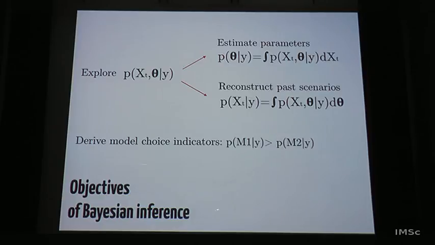The other thing you might be interested in, and we don't talk about that, is to compare models. So you can have two models, and you want to find which model is the best. You can use Bayesian inference to compare the probability of a given model in comparison to the probability of another model, and you might decide which model is the best.